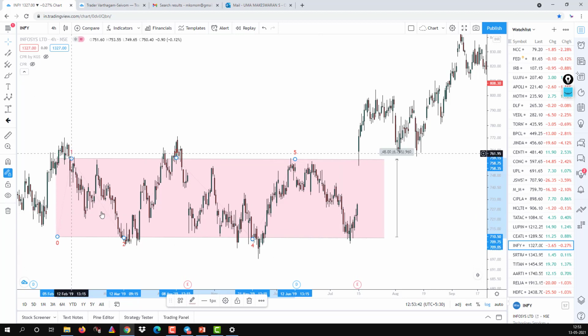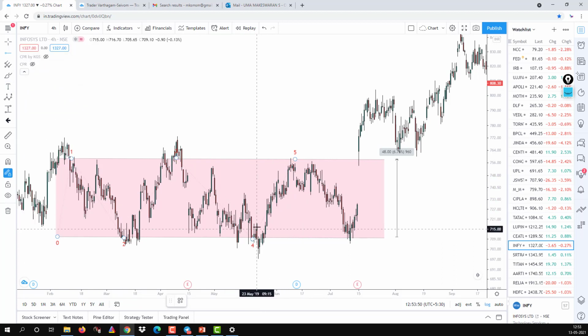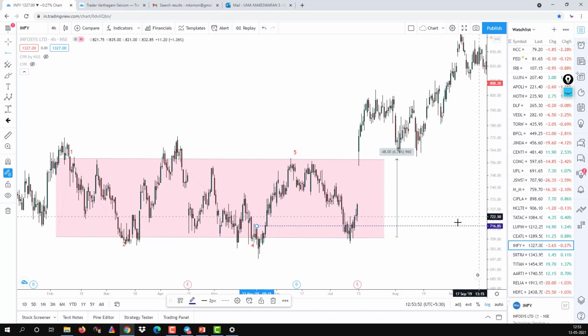See, 1, 2, 3, 4, 5. We can take the entry here, and your stop loss should be this candle close. Actually, we can take the entry only after the price movement from here. You can take the trade not at this point.